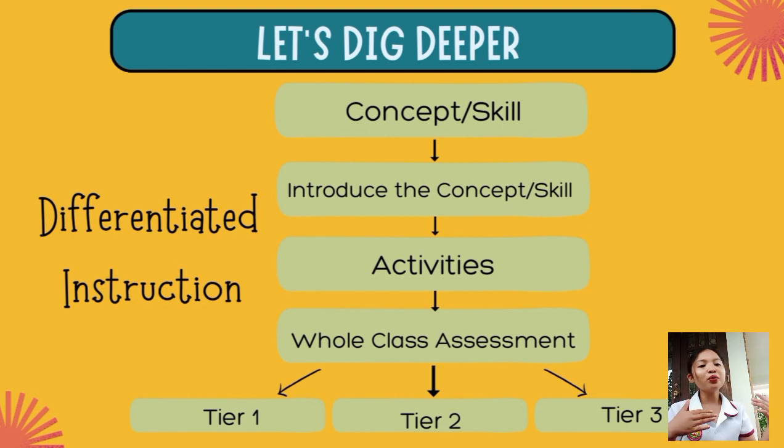So you will implement your assessment depending on your students' performance or level of knowledge or understanding of the topic. It depends on your learners and their level of understanding.